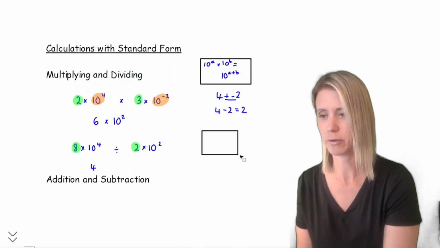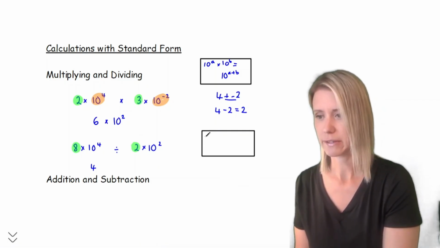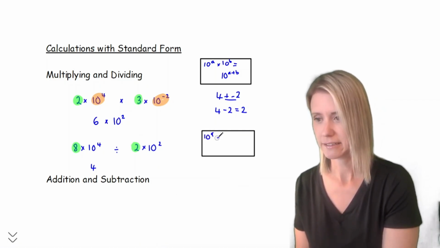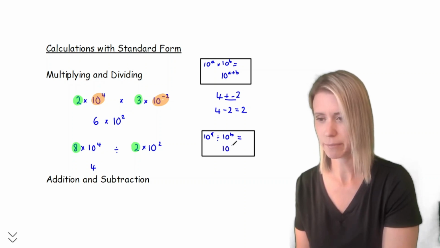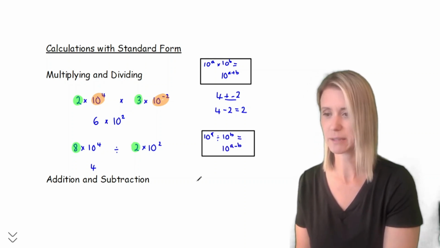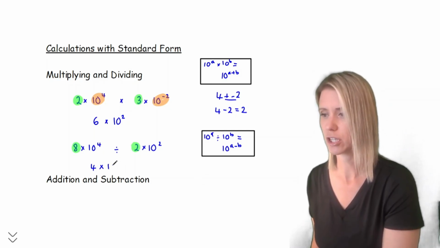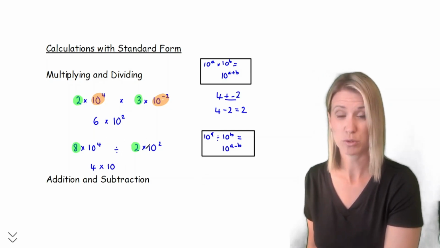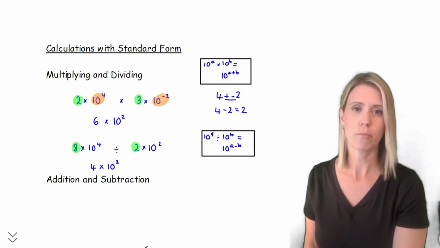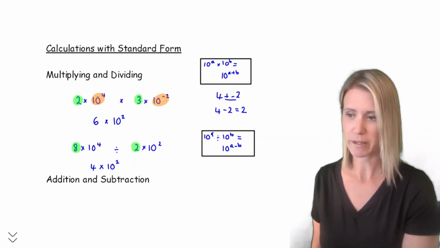And let's just do a little box on that. So if we had 10 to the A divided by 10 to the B, that is equal to 10 to the power A subtract B. We subtract those powers from each other. So we have 4 subtract 2, which is also 2. 4 take away 2 is 2. So 4 multiplied by 10 squared would be your final answer.